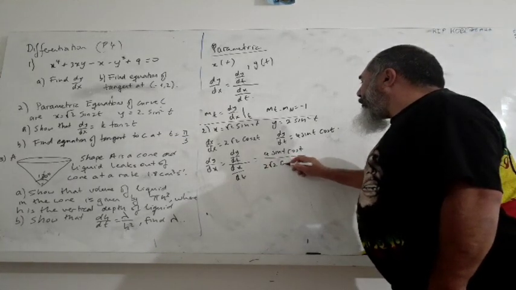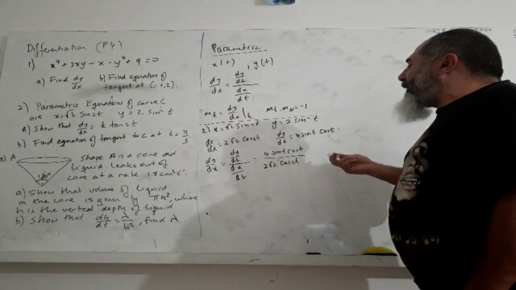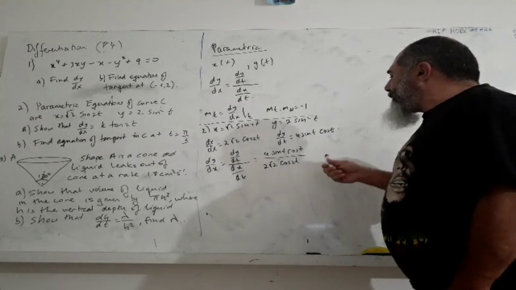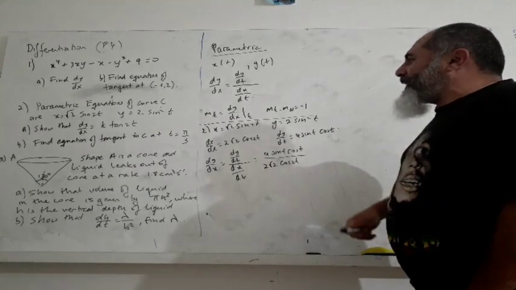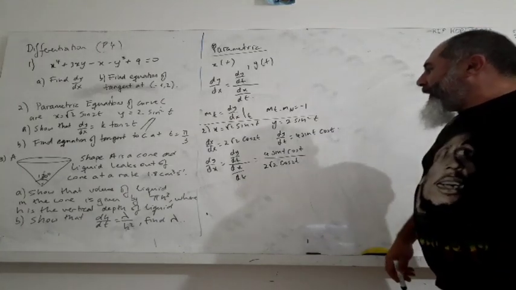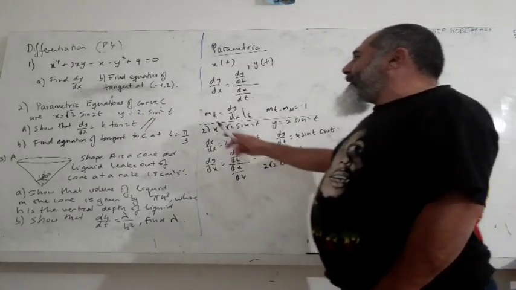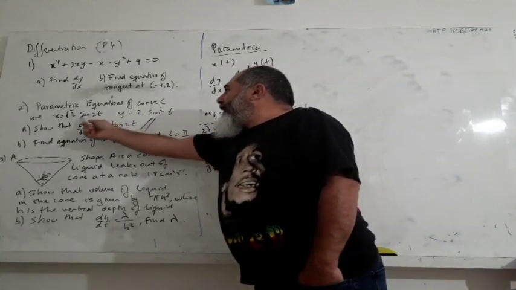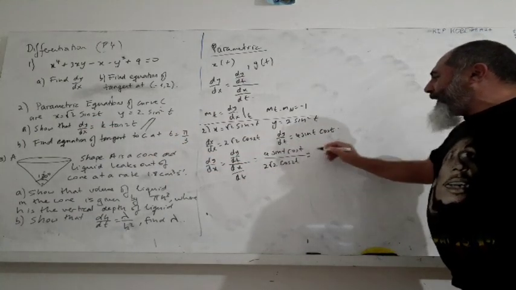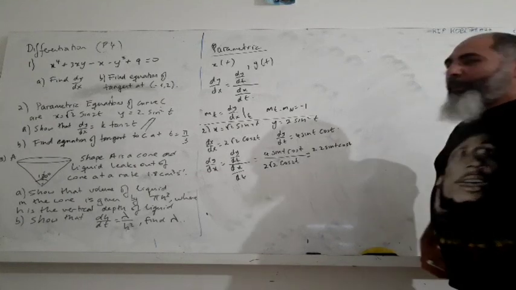Now, as you see, we already found dy over dx in terms of trigonometric functions, but it's not in the form that we want. So we have to use trigonometric identities here to obtain an answer in the form of k times tangent 2t. We have here 2 times 2 sine t cos t, where we have to remember that 2 sine t cos t is equal to sine 2t.